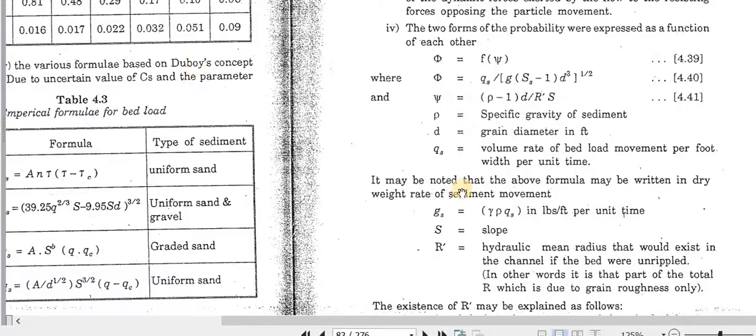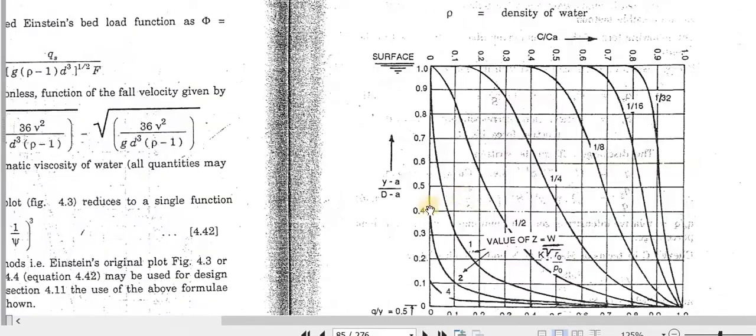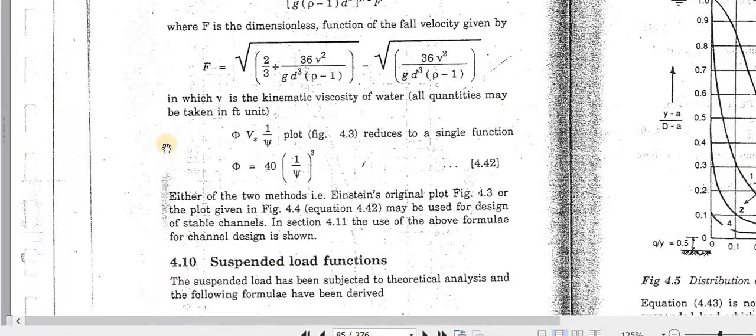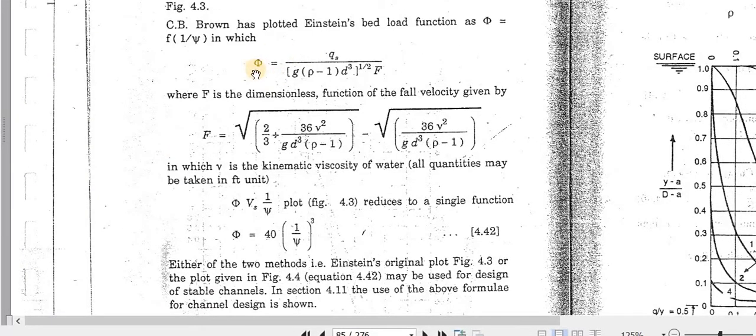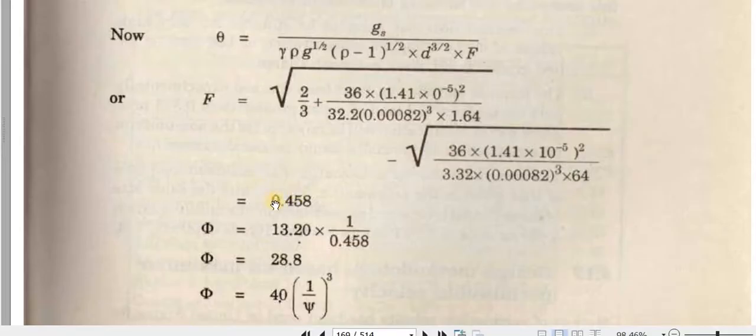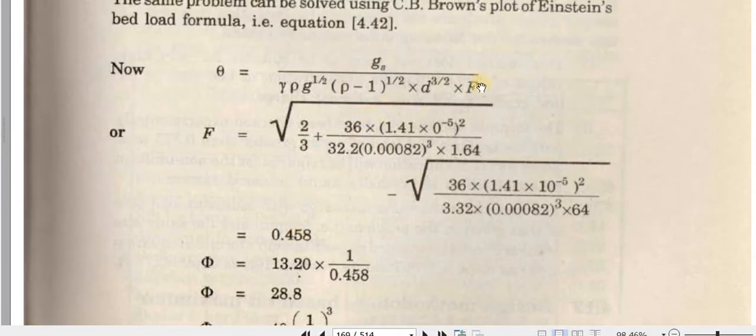Here we have the equation of phi, where phi is equal to qs divided by all the parameters and F. So this is not theta, this is F, 0.458, and if we exclude this F, then this equation is equal to probability 1 in our previous example. So this is probability 1, and that was equal to 13.20.